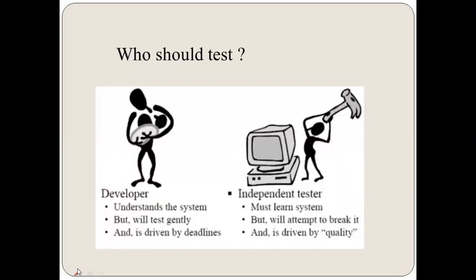Now, the question arises, who is going to test? Who should test? There are two people, mainly the developer and the independent tester. In some firms, practically, the developer is the only one who is going to test in small teams or small software products. But that is not the right way. You should have an independent tester to move towards effective testing.